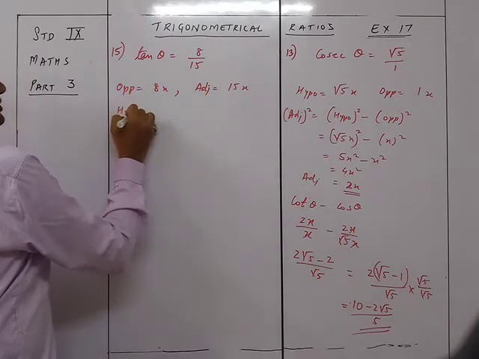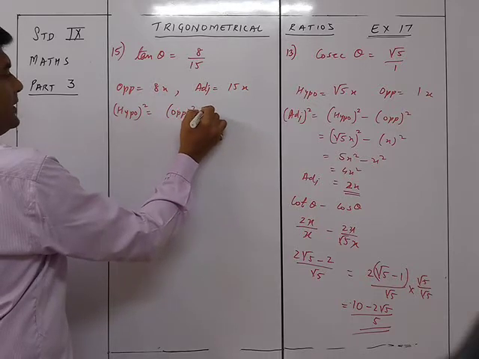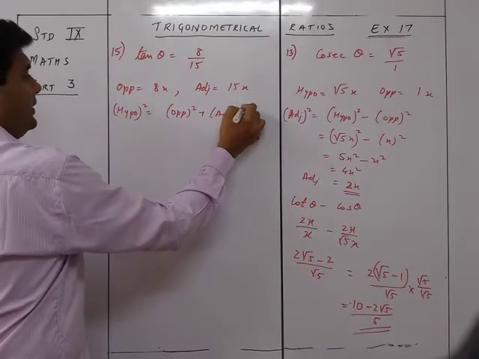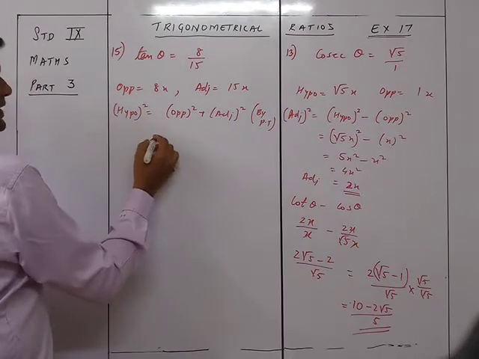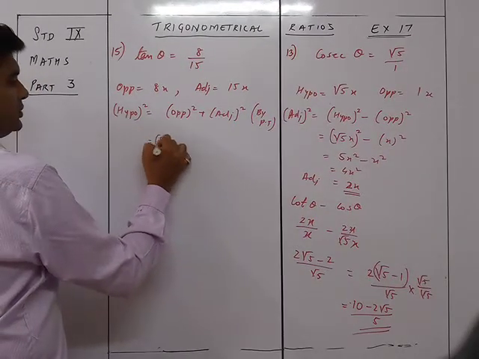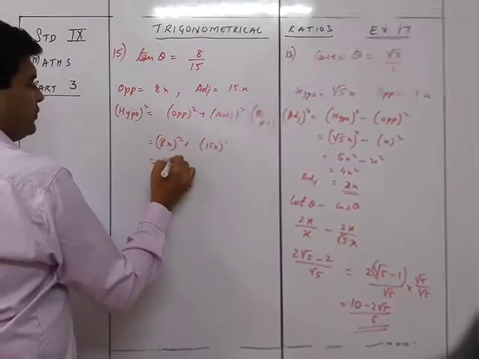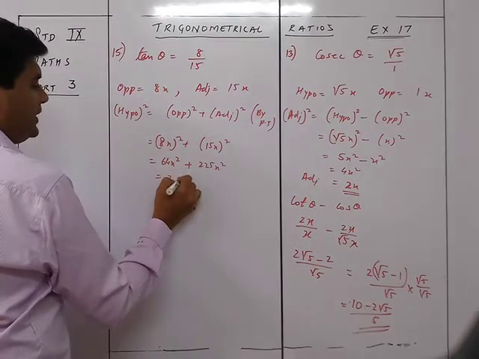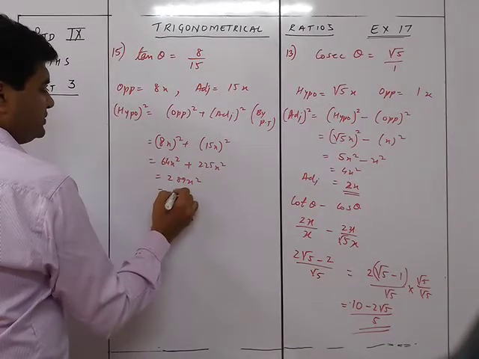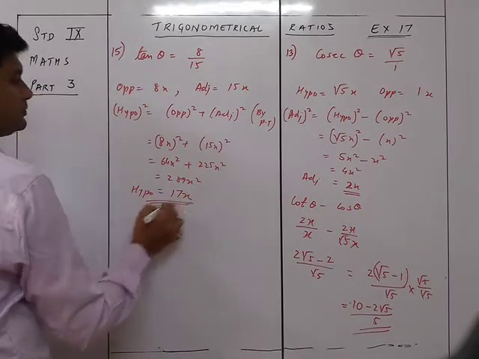So hypotenuse square is equal to opposite square plus adjacent square by Pythagoras theorem. See, similar sums, very easy sums you can see. 8x the whole square plus 15x the whole square is equal to 64x square plus 225x square is equal to 289x square, so the hypotenuse is 17x.